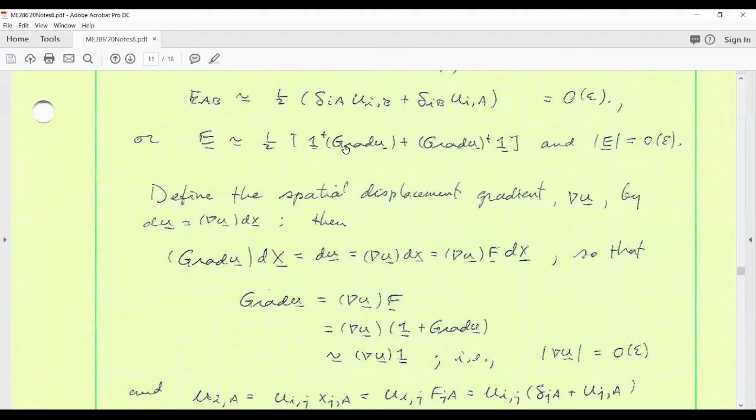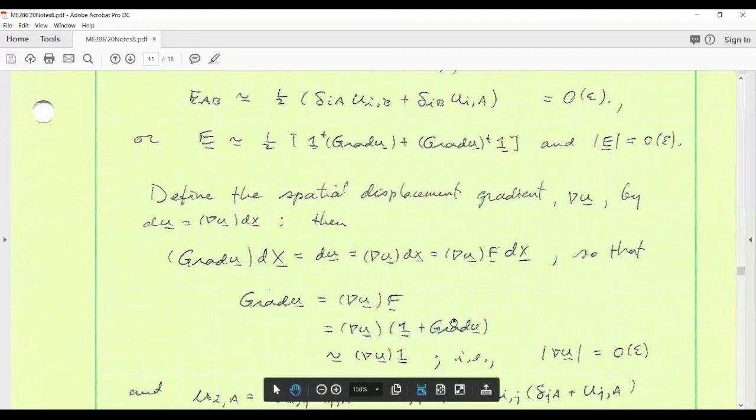So then we can relate the capital G grad U to this spatial displacement gradient. We have this here, chain rule for calculating the referential displacement gradient. Here's the spatial displacement gradient. The small x is F d capital X, of course, and so capital G grad U is the spatial displacement gradient times F, where F is the shifter plus the same referential displacement gradient.